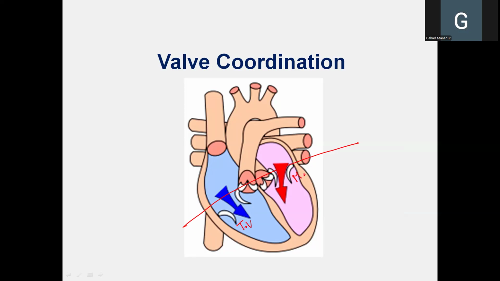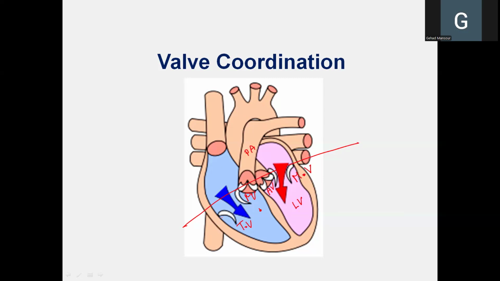You can see here the mitral valve to the left. You can see here the pulmonary valve between the right ventricle and the pulmonary artery. And you can see the aortic valve between the left ventricle and the aorta.